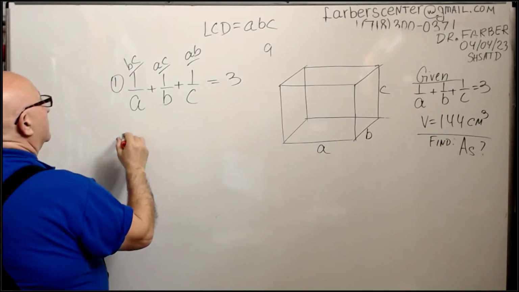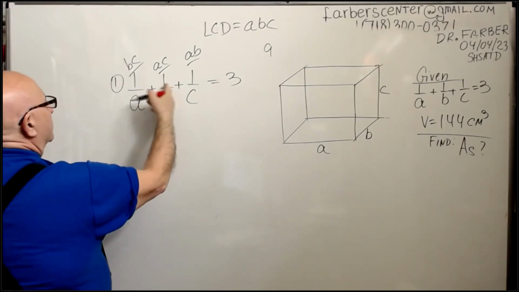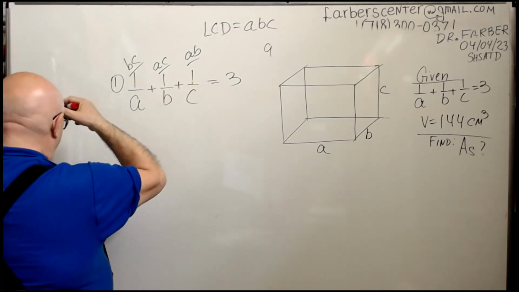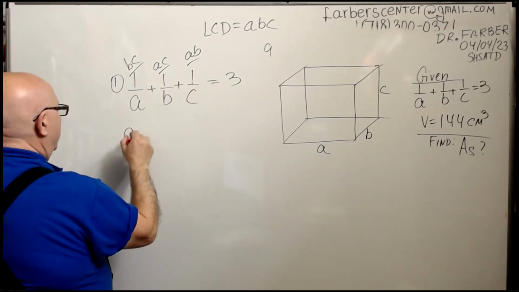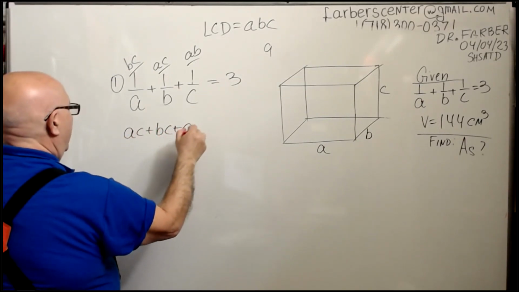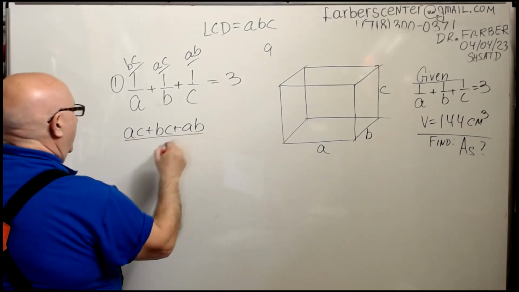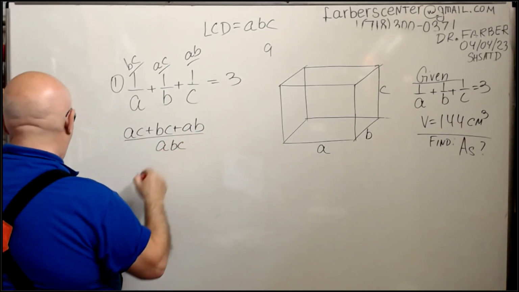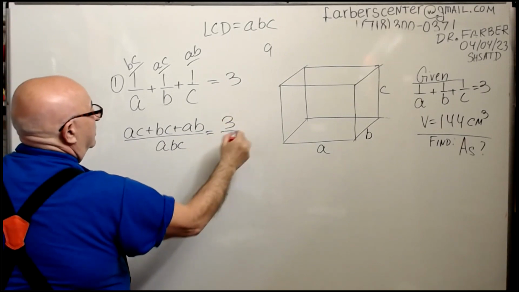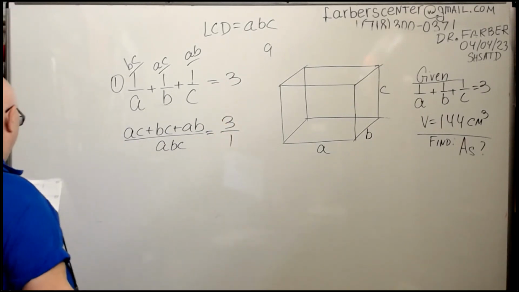BC, or let me arrange by letters, BC plus AC plus AB. Or I can write AC plus BC plus AB over ABC. And this equals to 3. For convenience, it's not 3, it's 3 over 1. Okay?